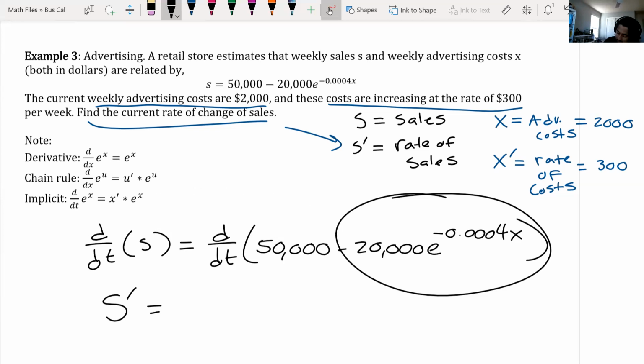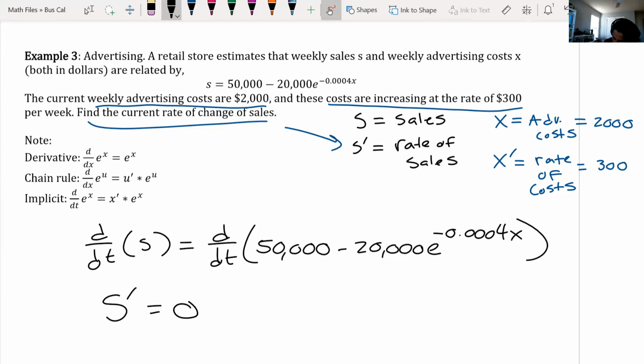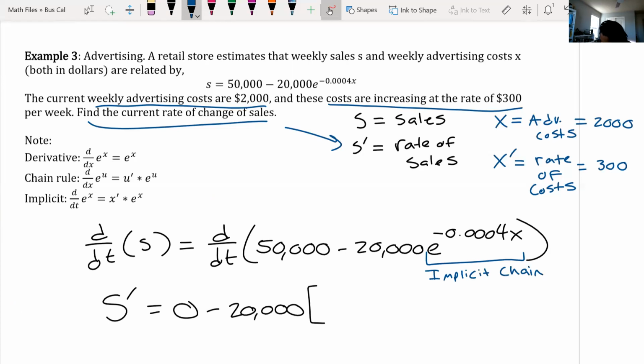Okay. So I'm going to put 0 minus 20,000, and I'm going to put a bracket to be neat. What I just said was this part needs the implicit chain rule. So following this lovely formula here, d over dt of e to the x is going to be the implicit derivative of the exponent times the original function.